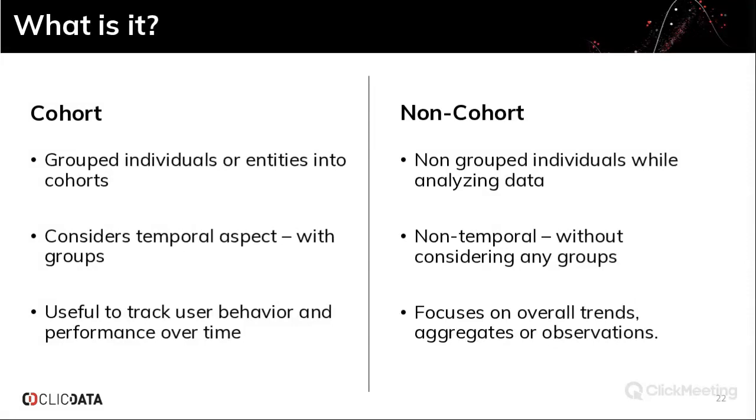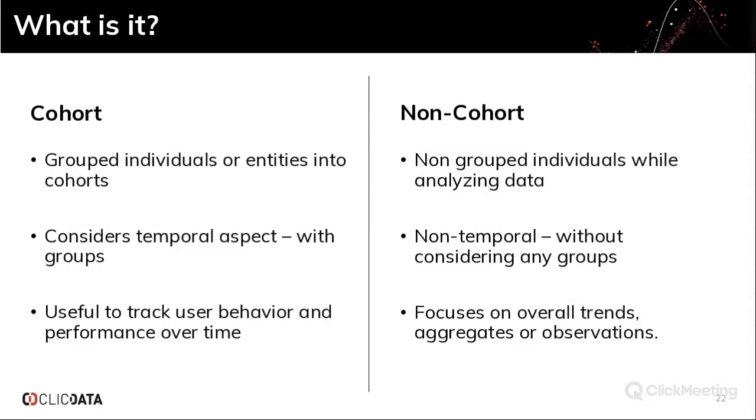Typically, cohort looks at the data from a group perspective. You group your data in specific cohorts, in specific groups. There is always a time aspect with the cohort data. It's always looked at at a particular time: how many users joined this particular week and what happened with those users, or how many users joined in that particular month and what happened with that particular set of users.